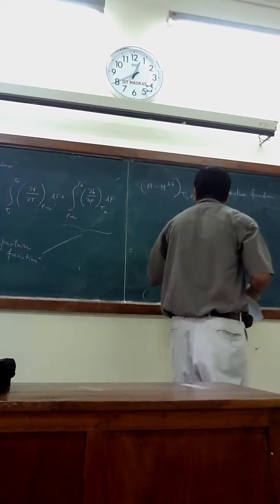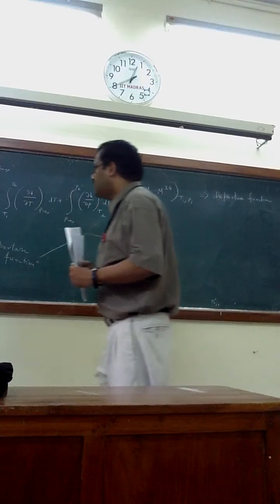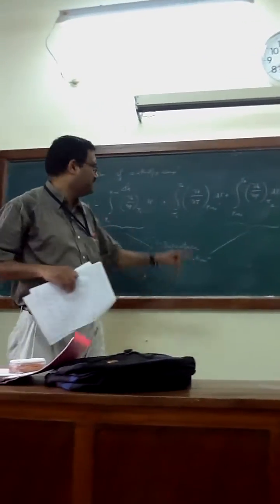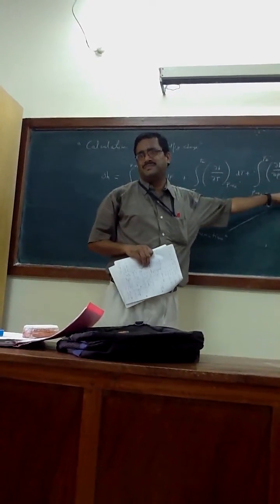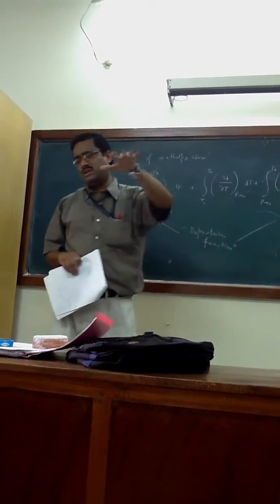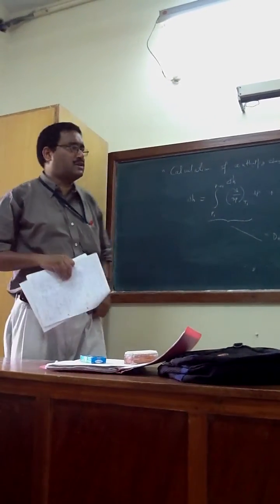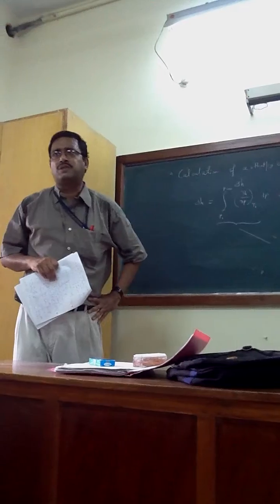And generally, the departure function we talk about is along an isothermal path. Horizontal path. So departure function is basically for the path where temperature is constant.